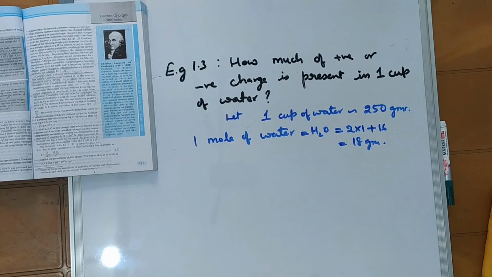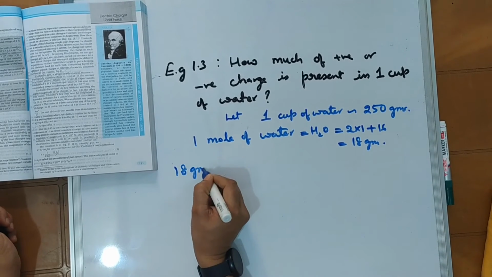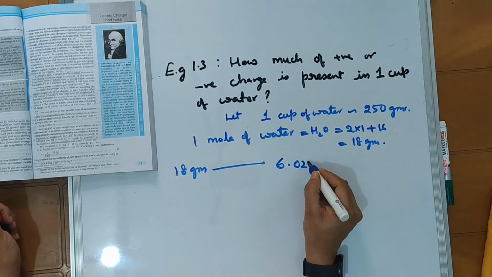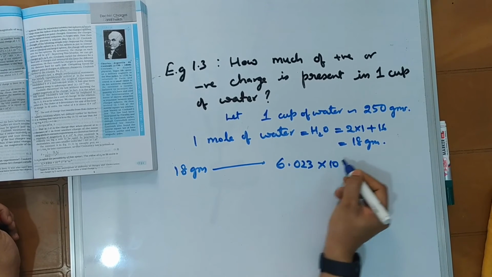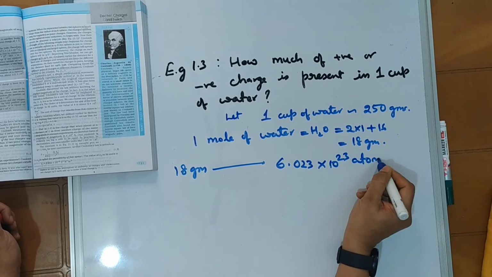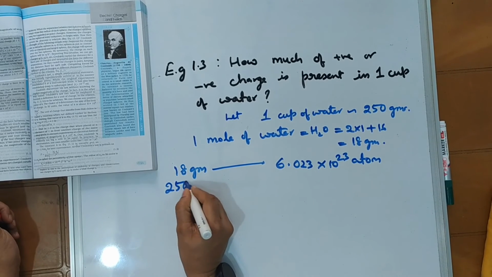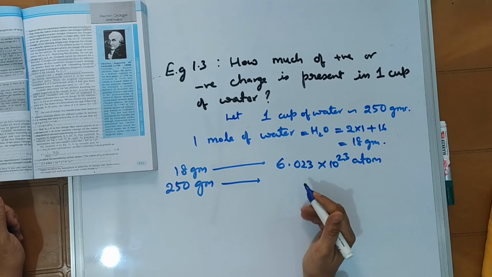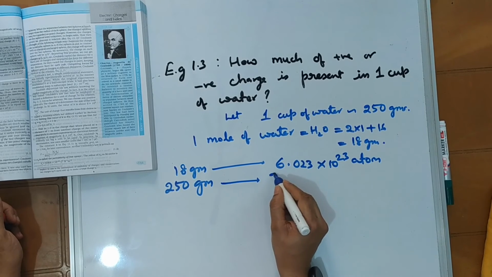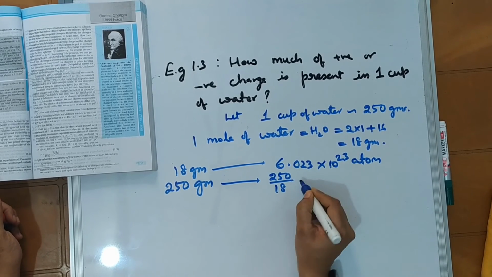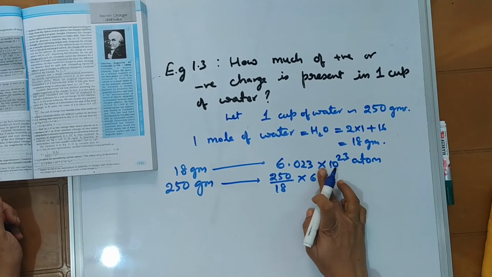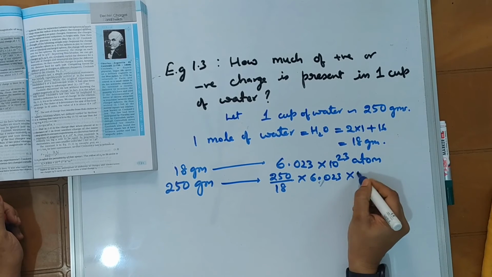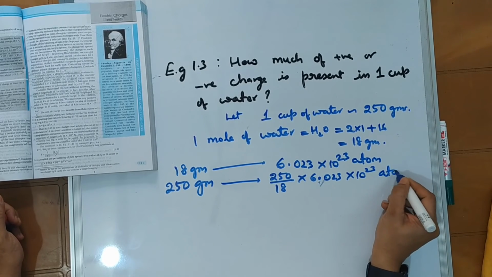So 18 grams of water has the Avogadro number of molecules, that is 6.023 into 10 to the power 23. In that case, 250 grams of water will have how many? We do the cross multiplication and we have 250 by 18 into 6.023 into 10 to the power 23.